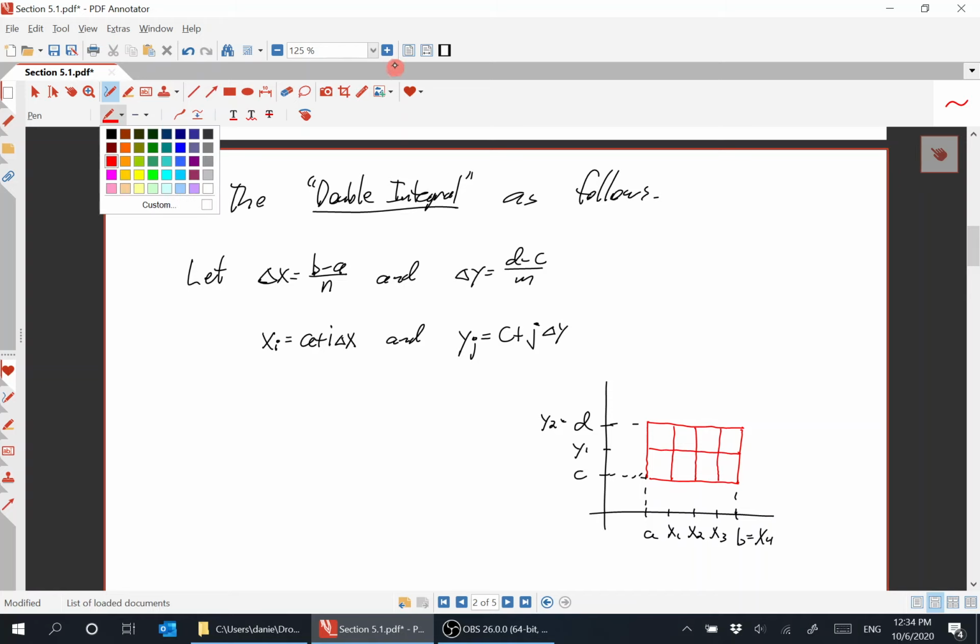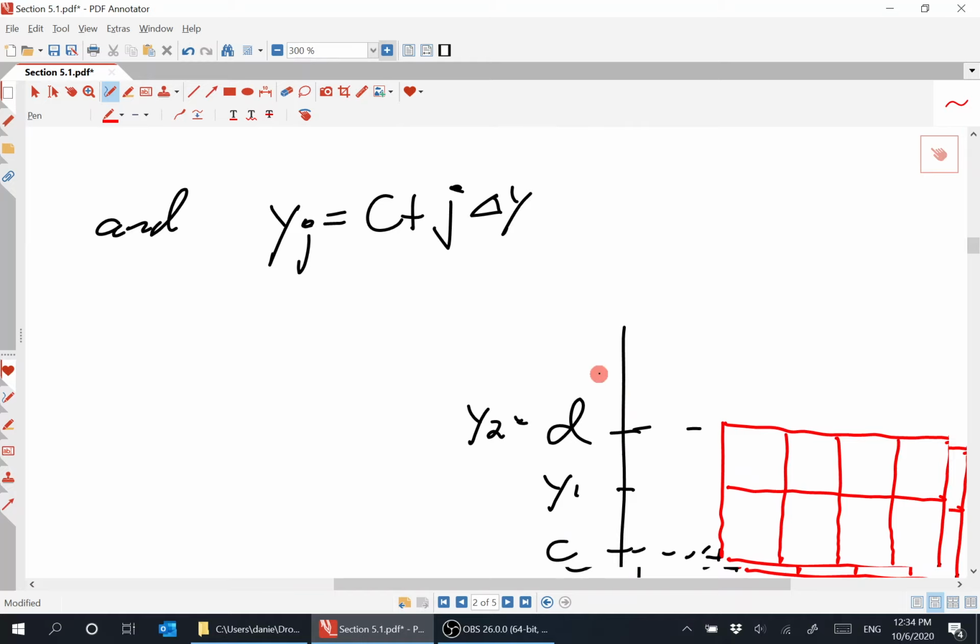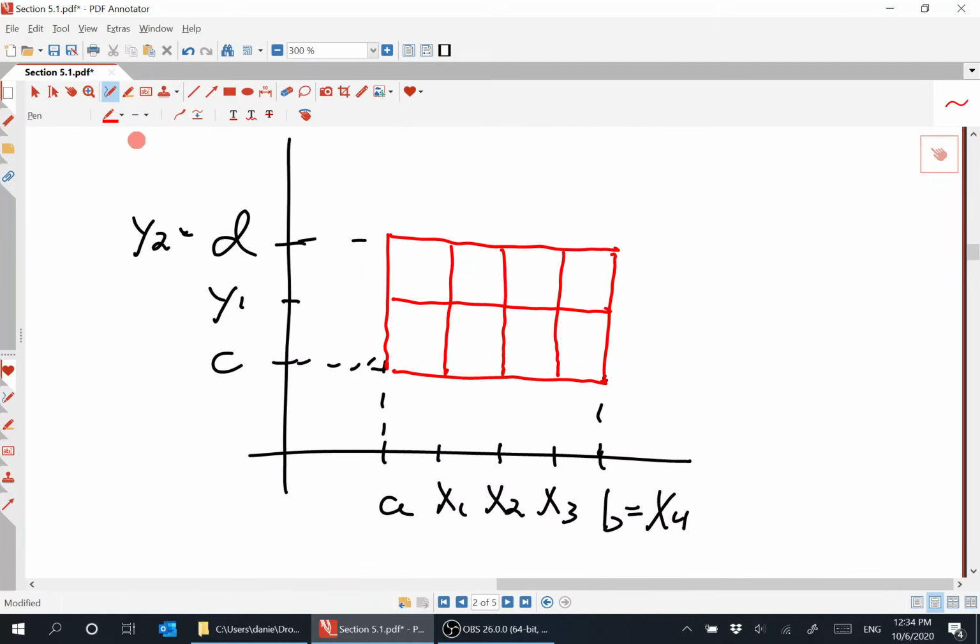And at each corner in the subrectangle, right, this is the point Y1, X1. Maybe we should use a different color.